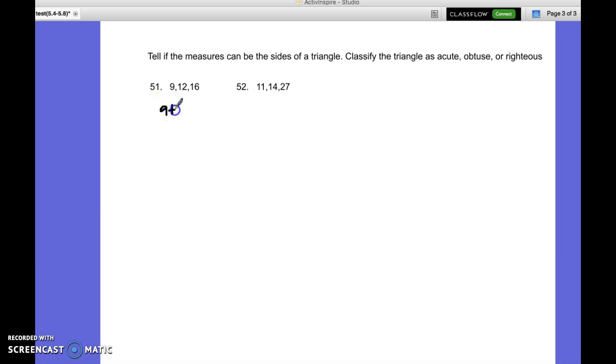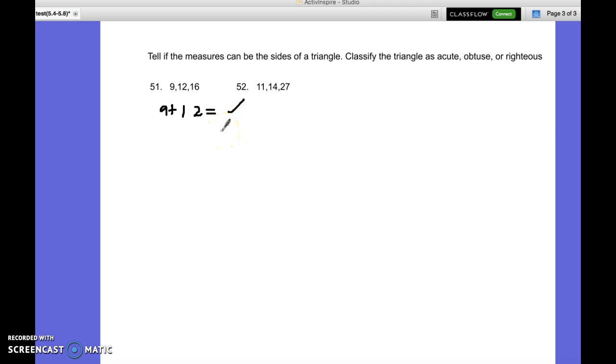We get 21, and 21 is greater than 16. So that would be a check. When we do 12 plus 16, we're going to get 28, and 28 is greater than 9. And finally, 9 plus 16 will give us 25. 25 is greater than 12. That's a check, so we can say yes.